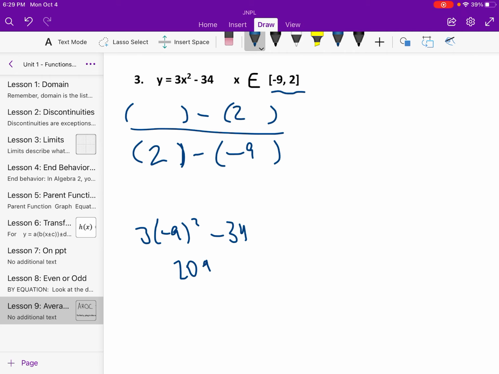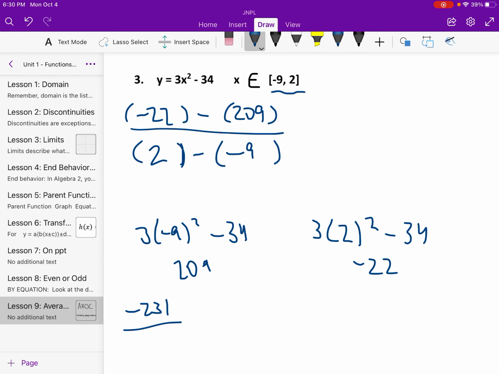That's just for this problem. That's just what it happens to be. So 209. For the other one, we're not going to get nearly as big of a number. But we have 2 squared. 4 times 3 is 12. 12 minus 34 is -22. So we have -22. So -22 minus 209 is -231.